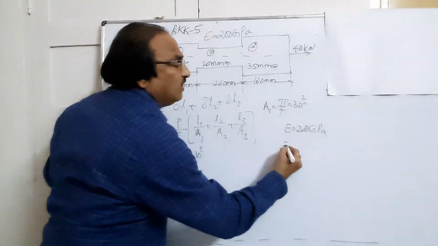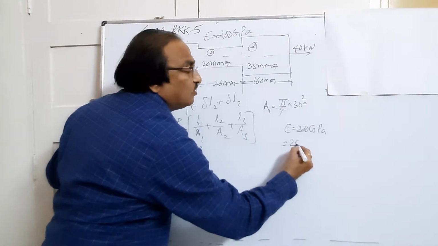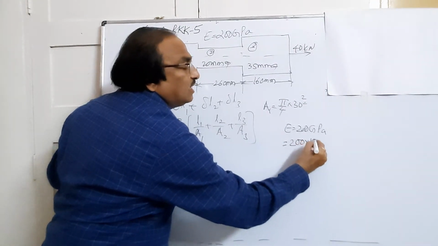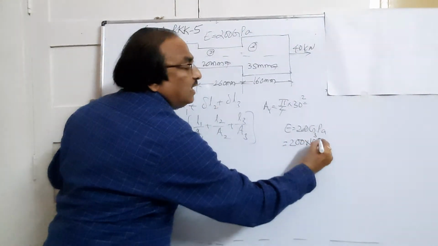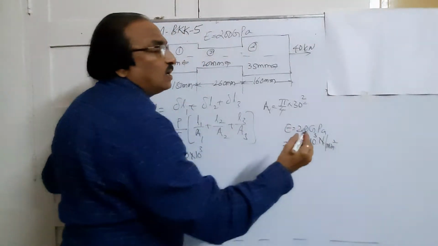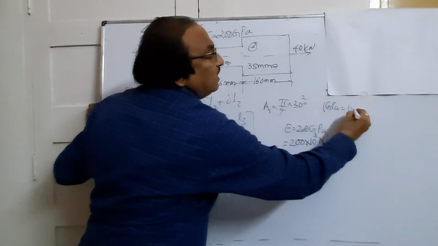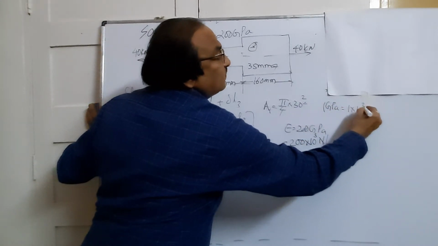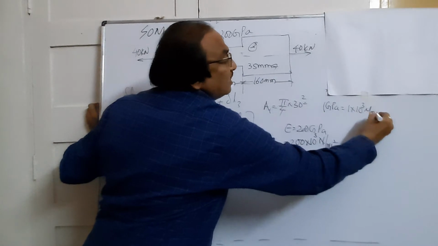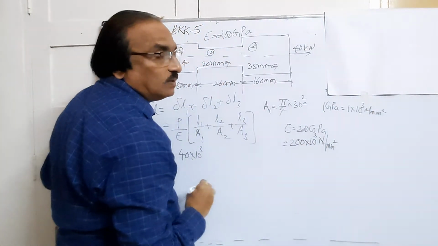So very simple way, I will tell you how to convert it in Newton per mm square. Whatever value is there, you write it, just multiply by 10 raised to 3, it will be Newton per mm square. Or you can remember 1 GPa is equal to 1 into 10 to the power of 3 Newton per mm square.